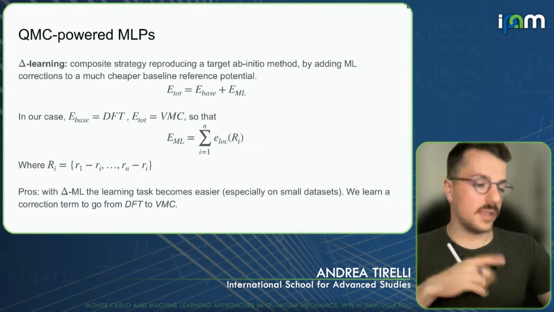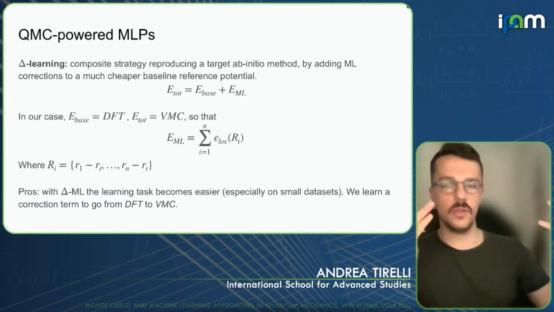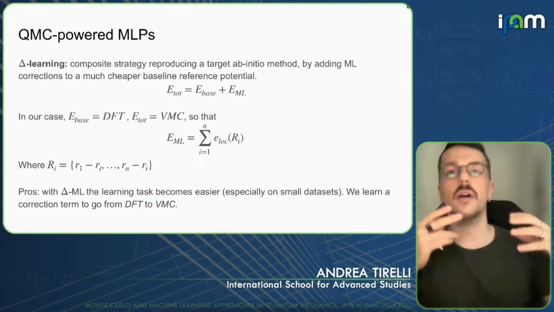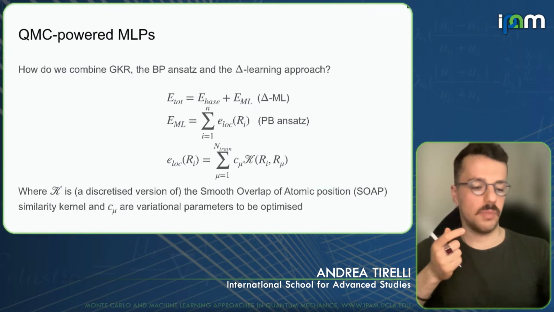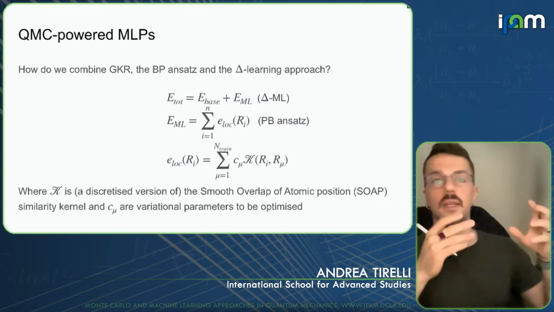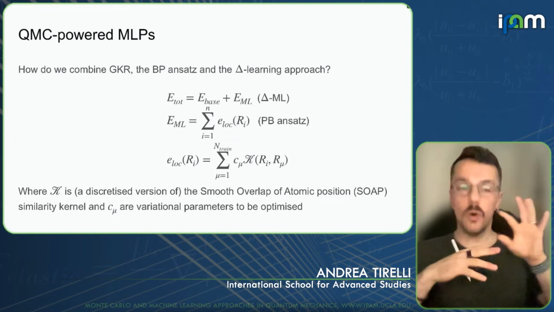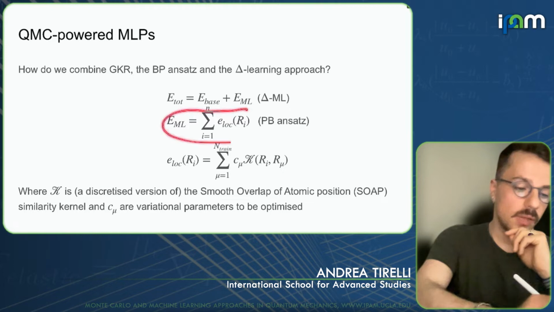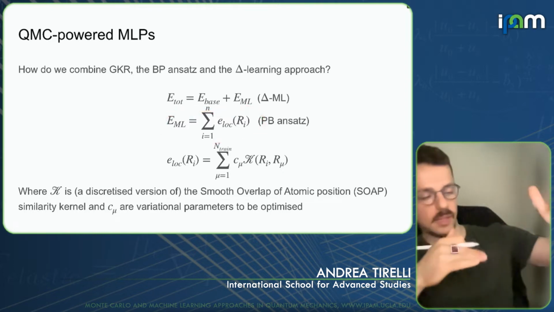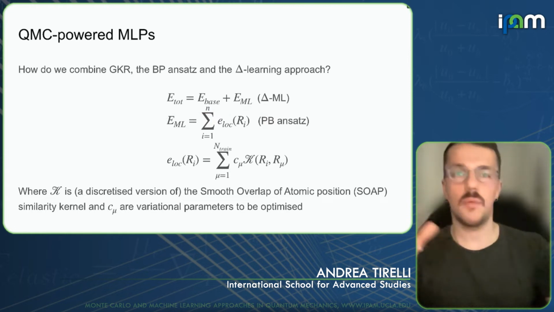So this is the second ingredient, and you're probably still wondering where kernel regression comes into the picture, and that's exactly how we model the local energy term in this sum. So in this slide, I'm just trying to stack all the three approaches that we're trying to mix.